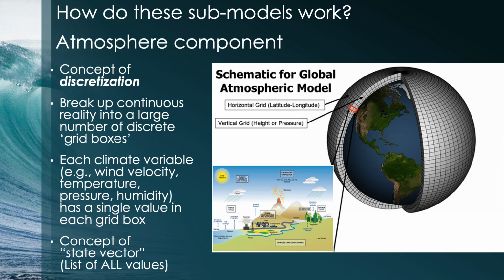We're treating the inside of those boxes as if there's nothing going on. But we'll get back to parameterizations, which is the way we deal with the fact that really we know there is something going on inside those boxes. So discretization is you take the Earth's surface and break it up into grid boxes within which we assume things are uniform, characterized by only one value, for example, for humidity, rather than normally we think of humidity varying from place to place.